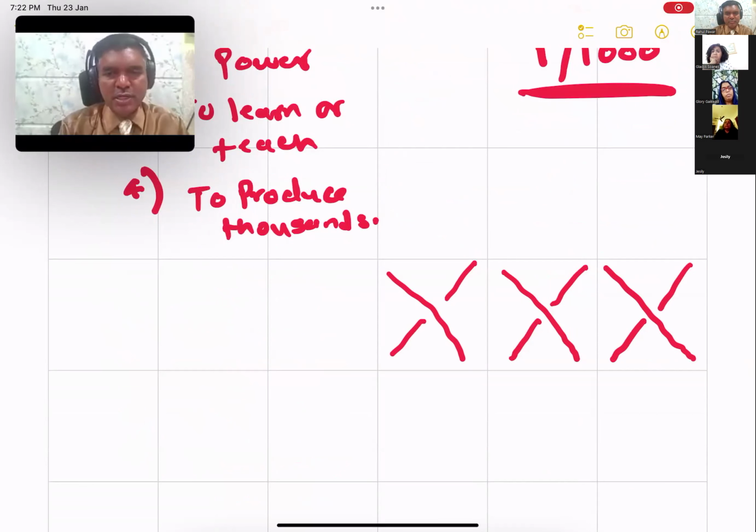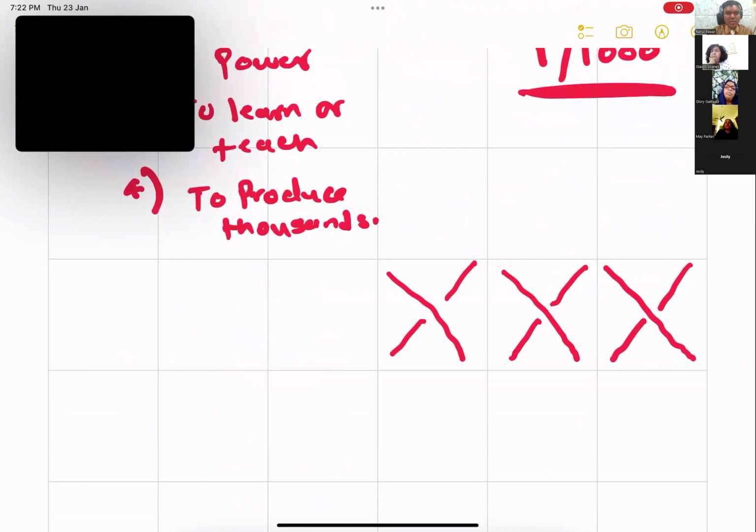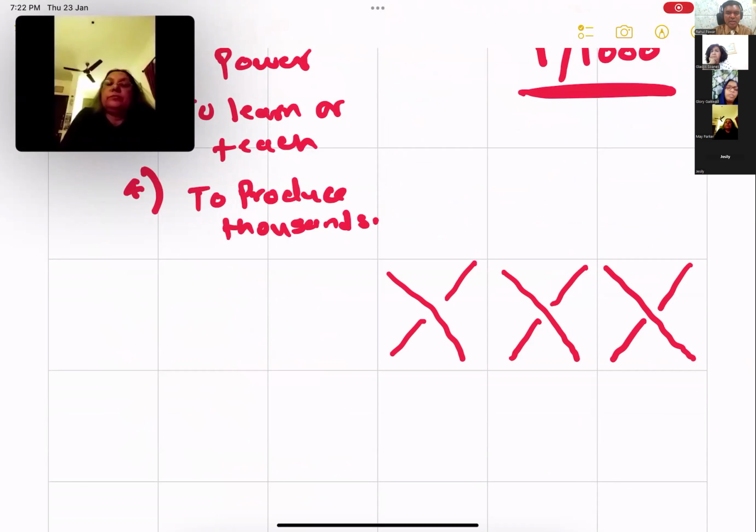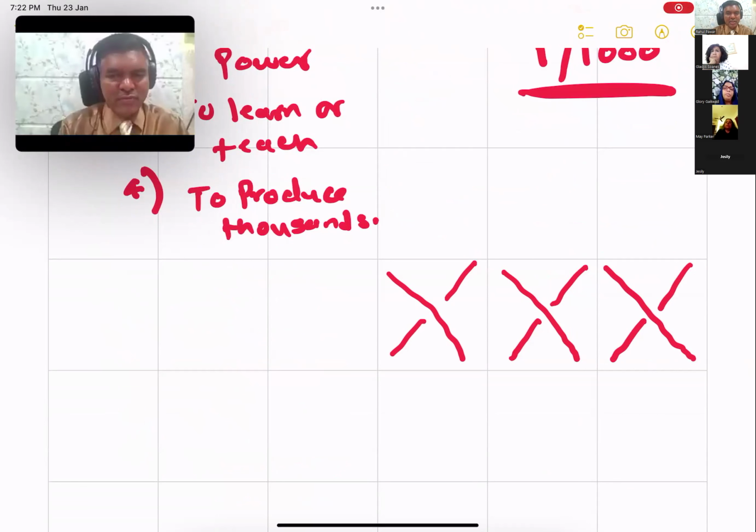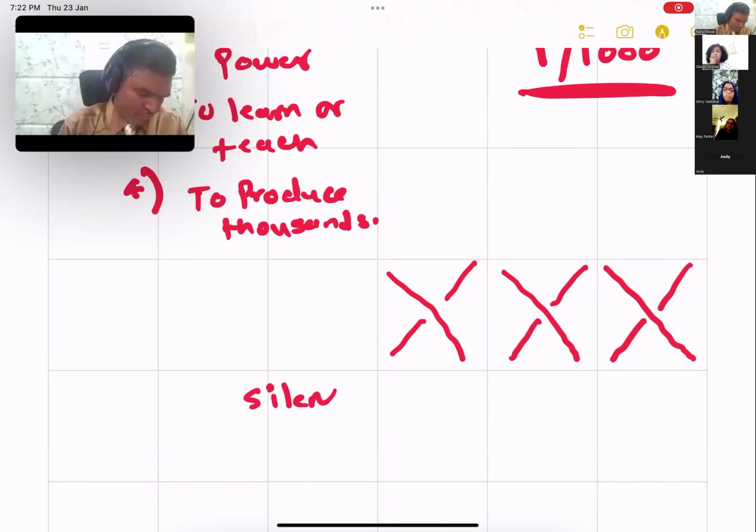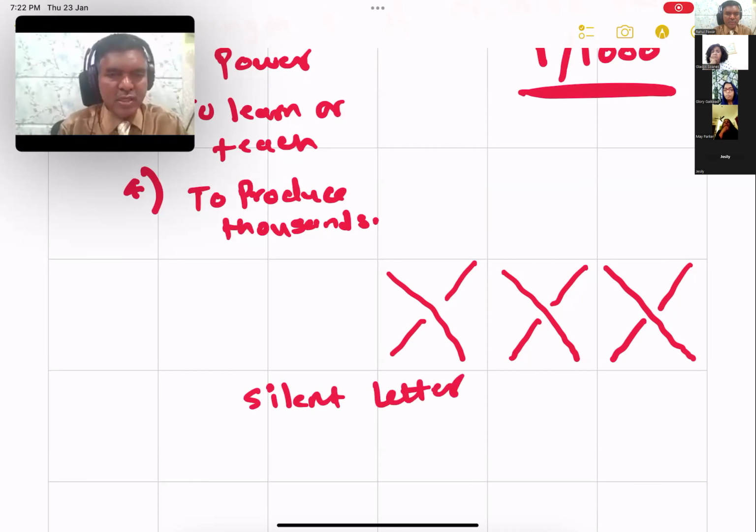You're getting it? Yes, Pastor. One more thing: Aleph is called a silent letter. In transliteration, it is written just like an apostrophe.